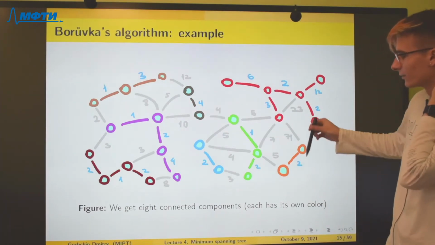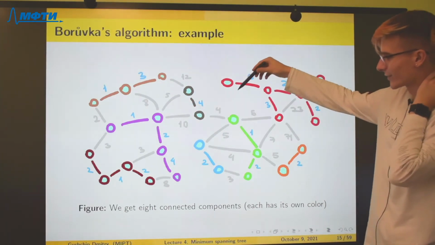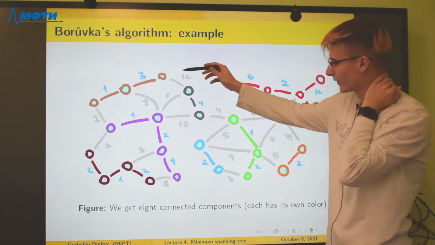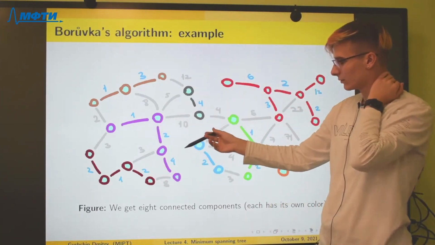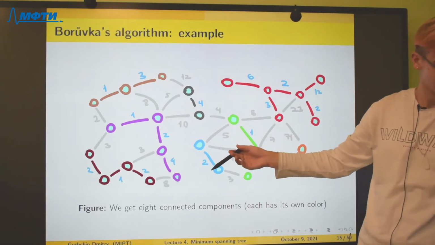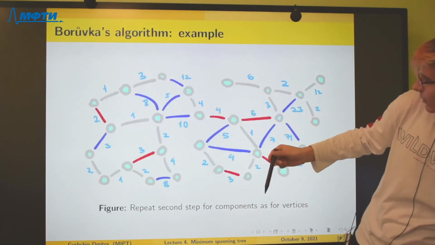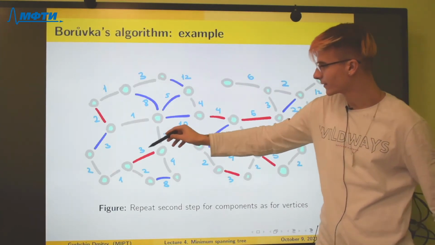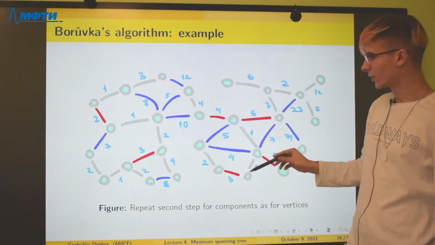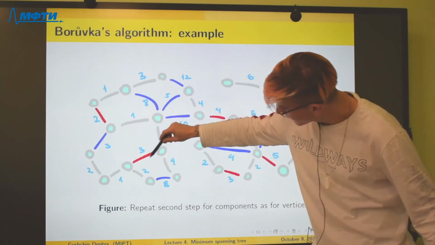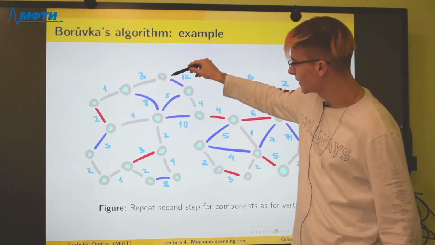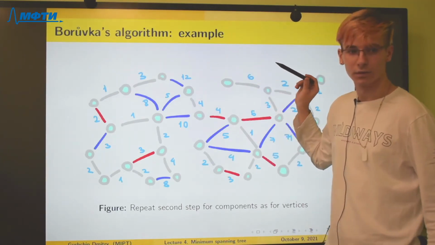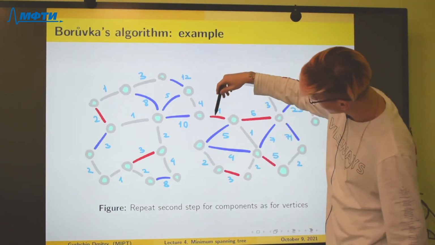After the first step, we have 1, 2, 3, 4, 5, 6, 7, 8 components. And then we add this edge, this edge, this, and this, because this is the minimum in this cut, this minimum in this cut, this minimum in this cut, in this cut.